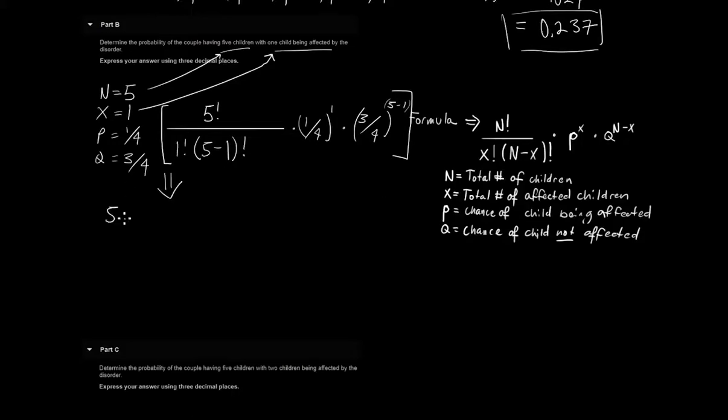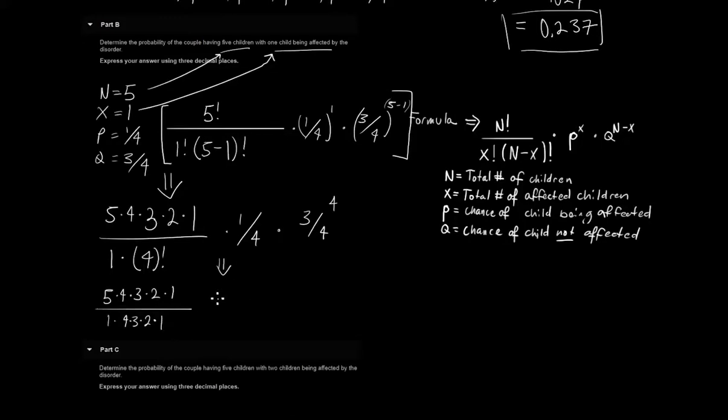I'm going to simplify this. Our 5 factorial over 1 factorial, which is just 1, times 4 factorial, times 1/4 to the first, is equal to just 1/4 times 3/4 to the 4th. We get that from 5 minus 1. I'm going to simplify this further. We're multiplying that by 1/4. And 3 to the 4th is equal to 81. 4 to the 4th is equal to 256.